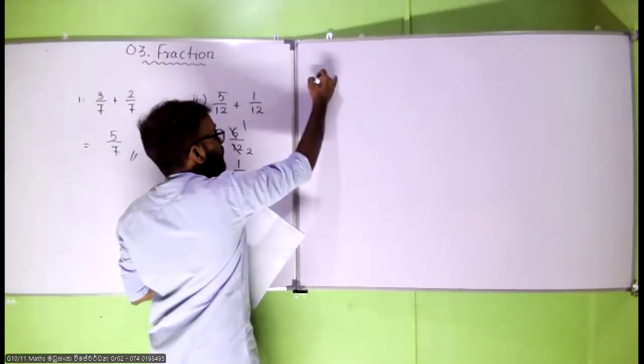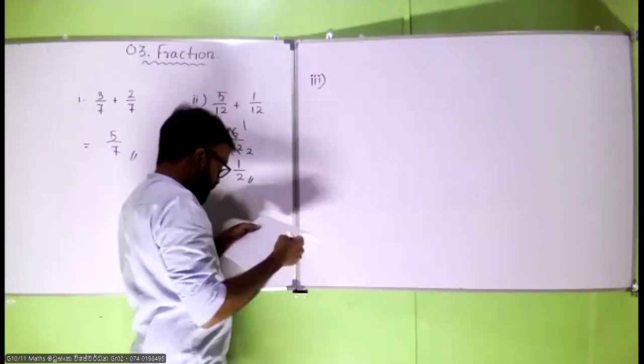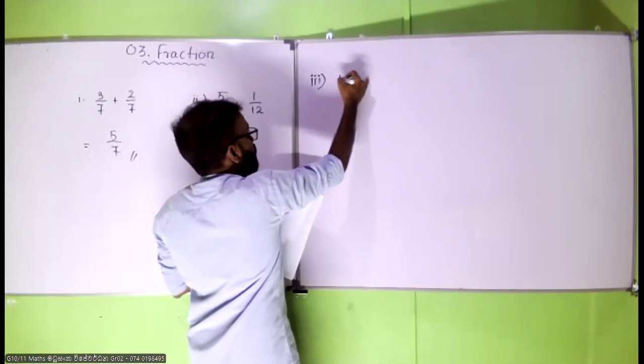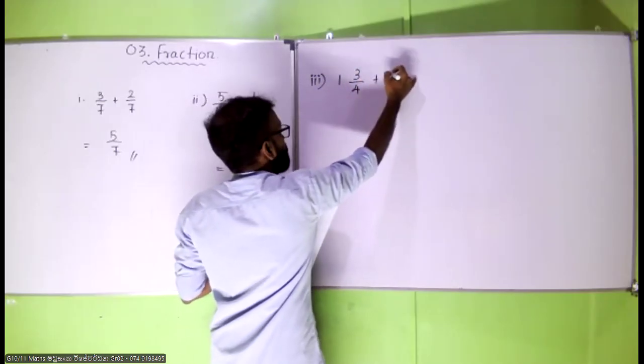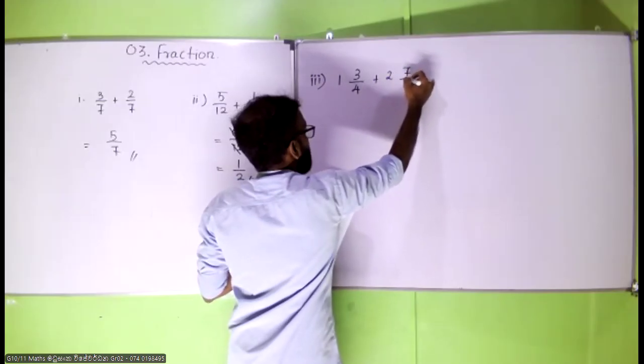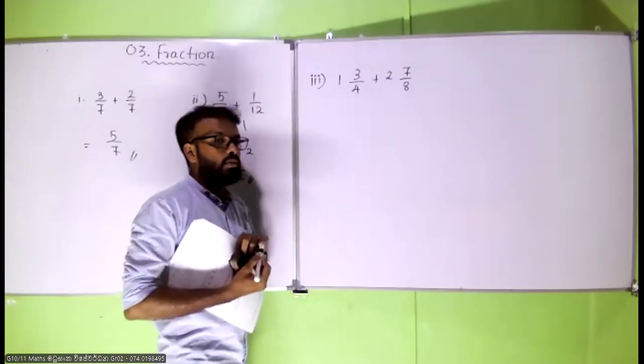I will do it here. 1 and 3 upon 4 plus 2 and 7 upon 8. Correct? 1 and 3 upon 4 plus 2 and 7 upon 8.